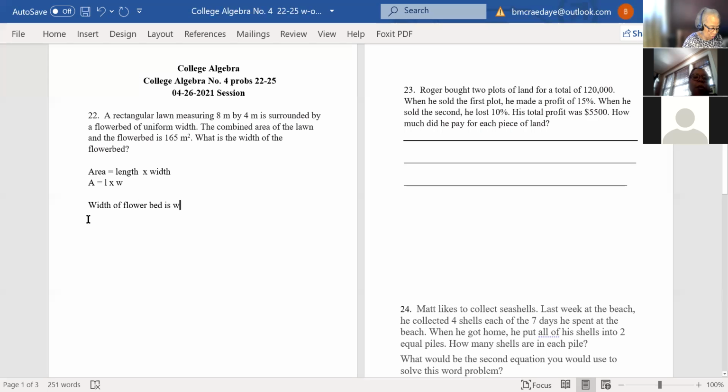So the total width is equal to 2W plus 4, because the dimensions here are 8 meters and 4 meters.